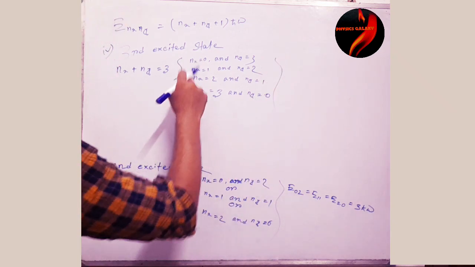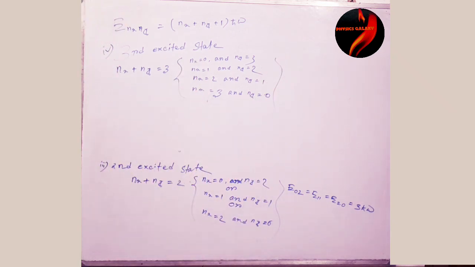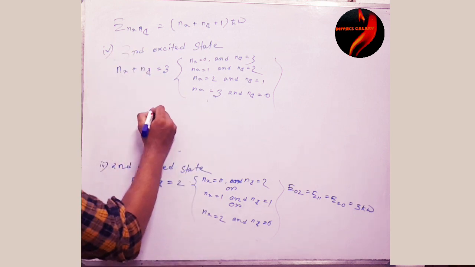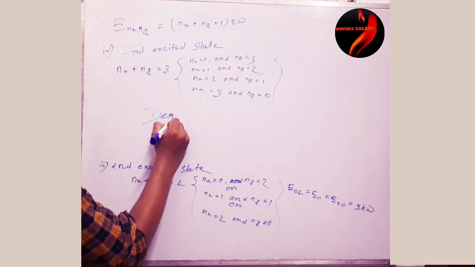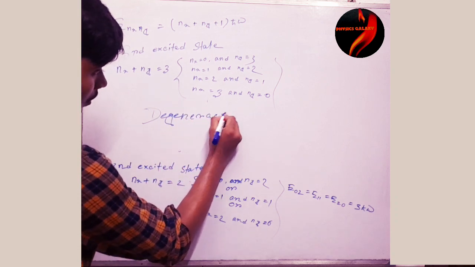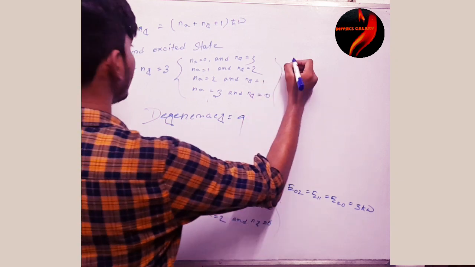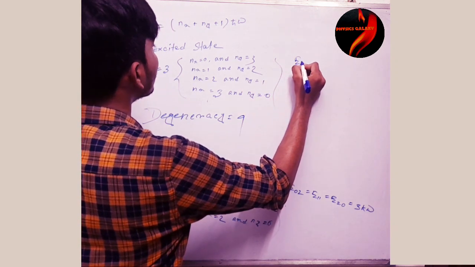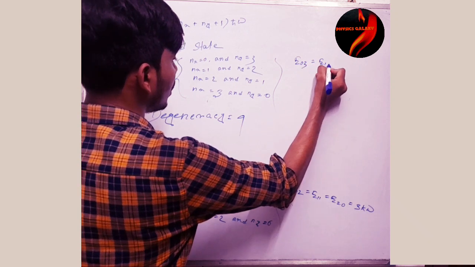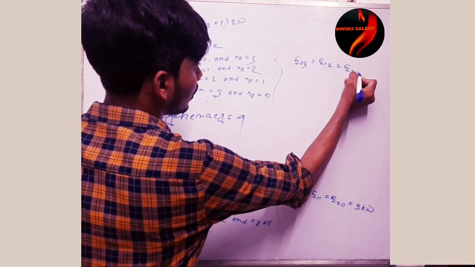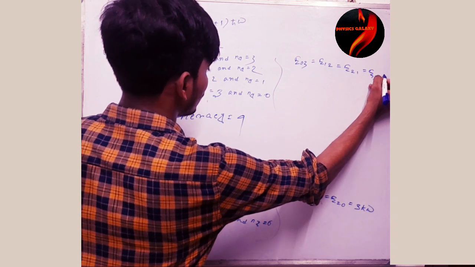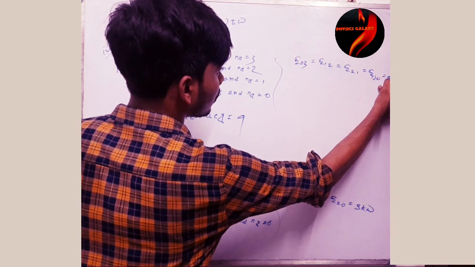So we get four combinations of nx and ny, so the degeneracy of the third excited state should be 4. And the energy of this third excited state will be E03, E12, E21 and E30 equals 4 h cut omega.